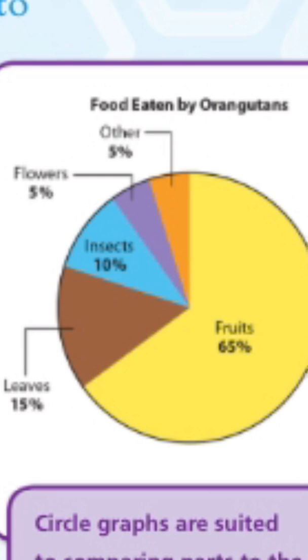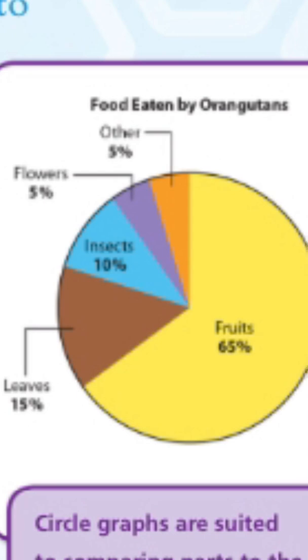Also, we can use it for the structure of the atmosphere. You know that the atmosphere around us consists of different gases. So we can make this circle graph to display our data about the atmosphere.